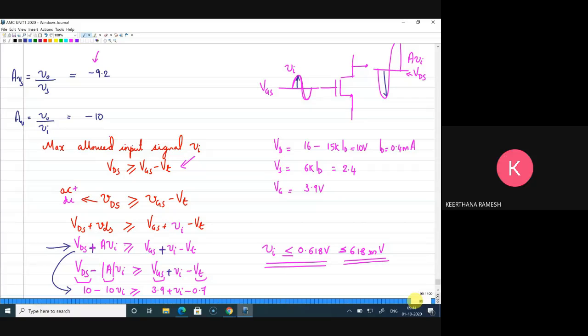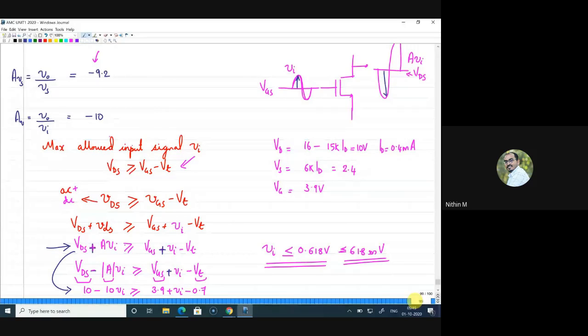So we had an intrinsic gain, the maximum gain we got to know is gm r0. So using that, can we find the maximum output or something like that? Yes, we can find that.